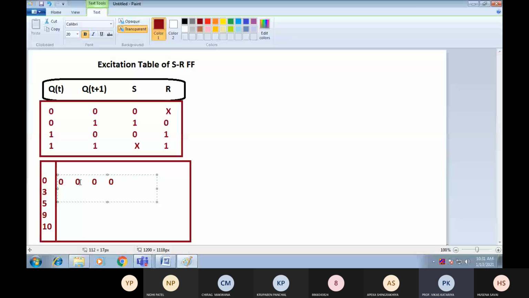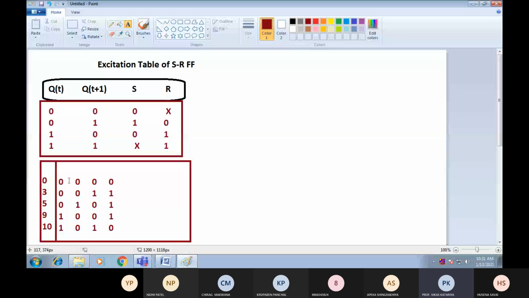Now 9, 1, 0, 0, 1. And 10, 1, 0, 1, 0. So here each value is represented in 4 binary bits, because there is a number 10 which is the maximum number, which requires 4 binary bits to represent, right?